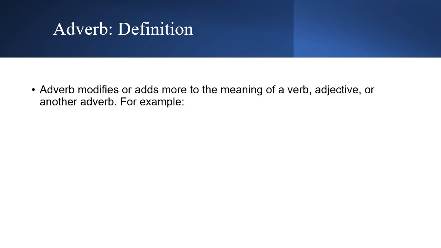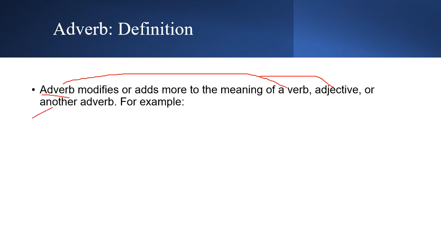Okay, let's look at the definition of the adverb. An adverb modifies or adds more meaning to the meaning of a verb, adjective or another adverb. In simple terms, an adverb tells us more about a verb, an adjective or another adverb.